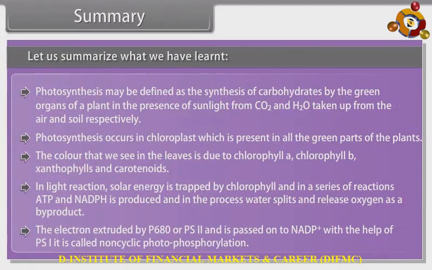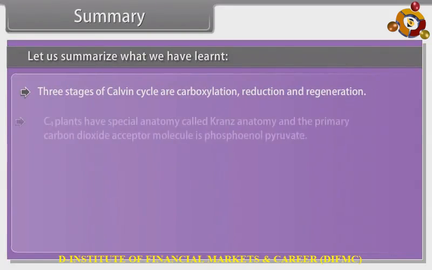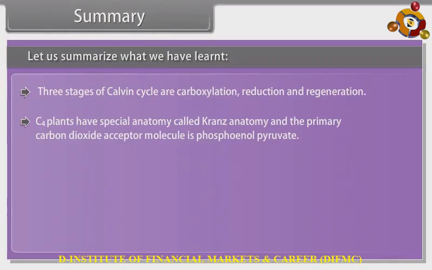It is called non-cyclic photophosphorylation. The 3 stages of the Calvin cycle are carboxylation, reduction, and regeneration. C4 plants have a special anatomy called Kranz anatomy, and the primary carbon dioxide acceptor molecule is phosphoenol pyruvate.